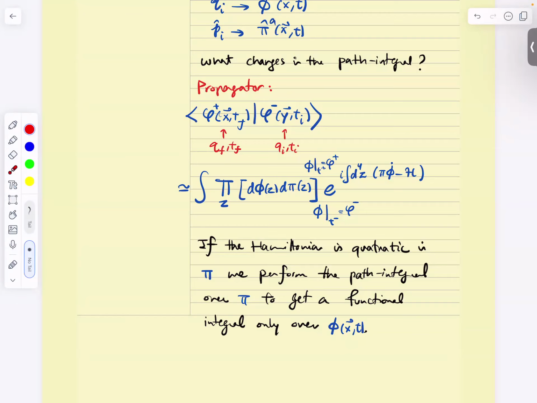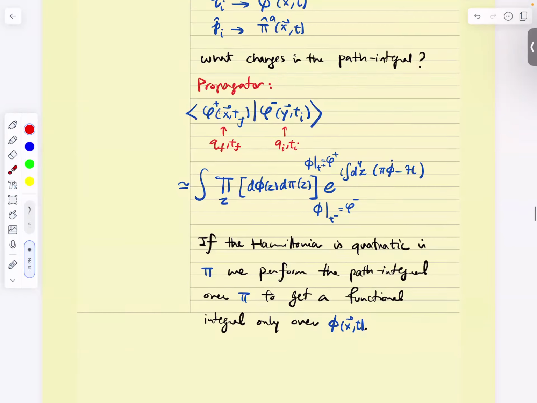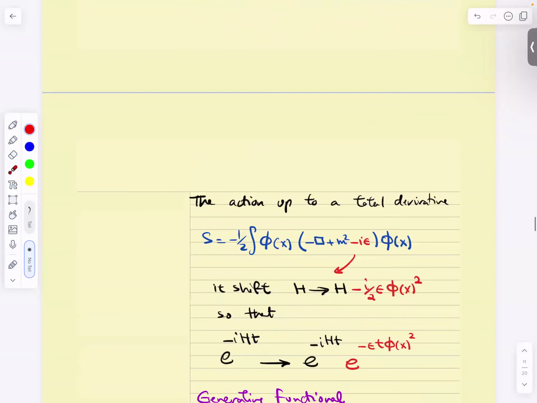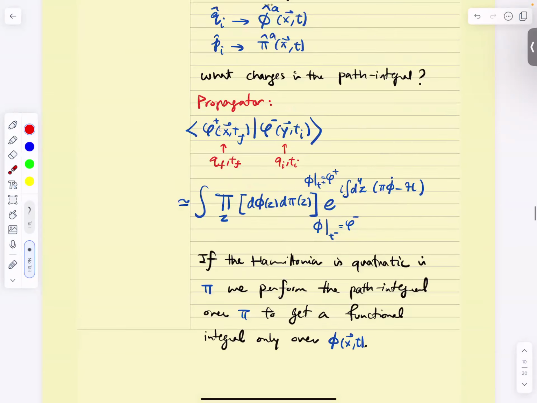You're going to end up with a path integral in the phase space, which is phi_a and pi_a's. That's the phase space. Because the Hamiltonian of free fields is second order in pi_a, you could perform that integral explicitly. You're left with a path integral only over phi_a's, hence the expression I told you, over all functions with this boundary value and this boundary value. All right, is that philosophy clear?